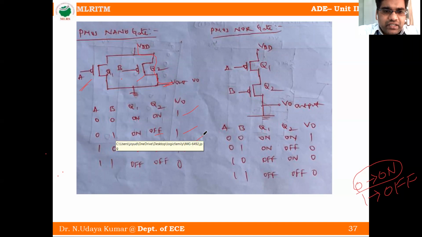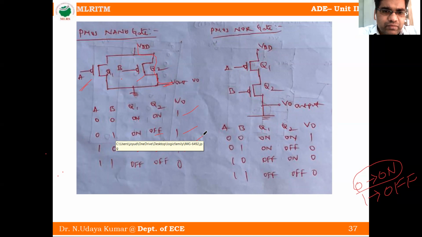So the last case is 1 1. Whenever high voltage is given to a PMOS transistor, the transistor is off. That means open circuit. Open circuit means there is no connection between VDD and V out. So this transistor is off and this transistor is off.